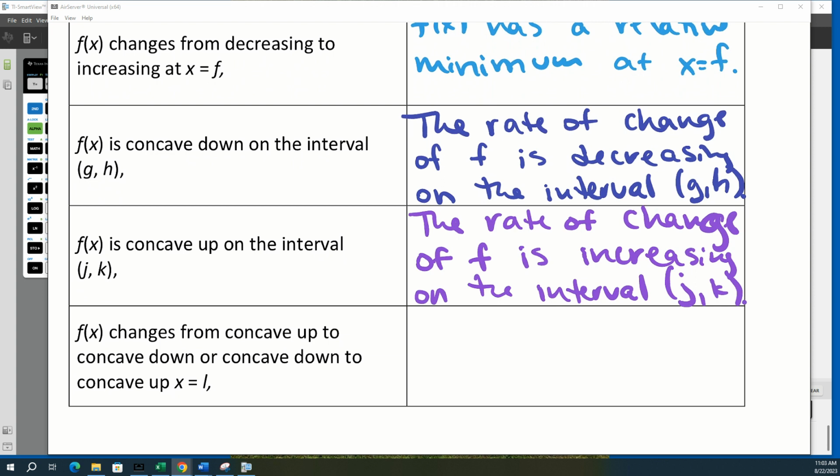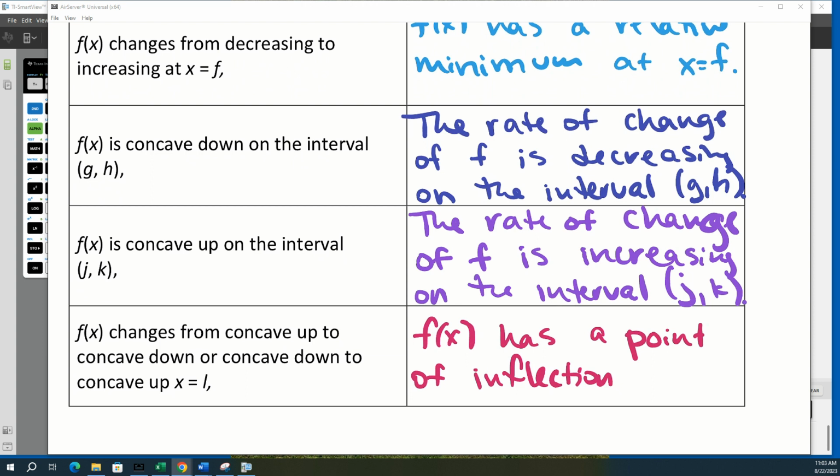Right, and then the last one, f changes from concave up to concave down or concave down to concave up at x equals L. So the concavity changes. What is that on the function? So point of inflection. So f of x has a point of inflection at x equals L.